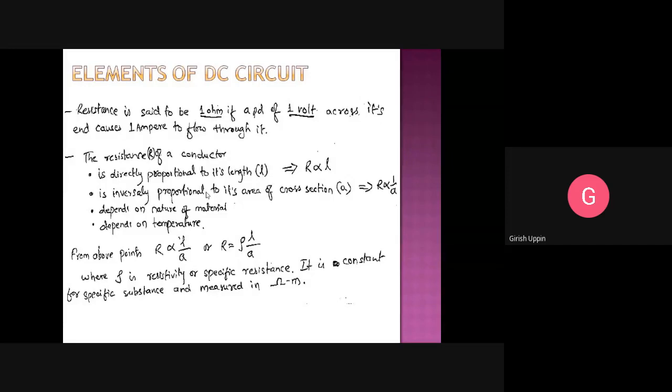We also understood that the resistance of a material depends on certain aspects: the length, the area of cross section, the nature of the material, and also the temperature. For a given temperature, we have this relation: R is directly proportional to L divided by A, or R is equal to rho L by A, where rho is the specific resistance or the resistivity. Resistivity is a constant for a particular material.